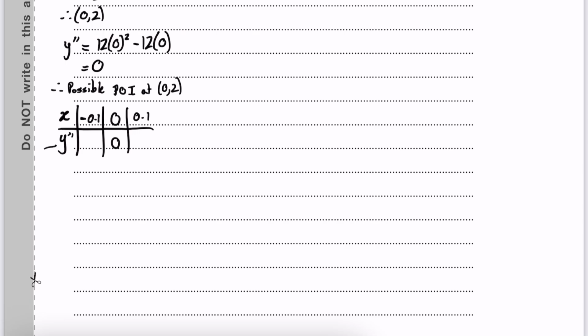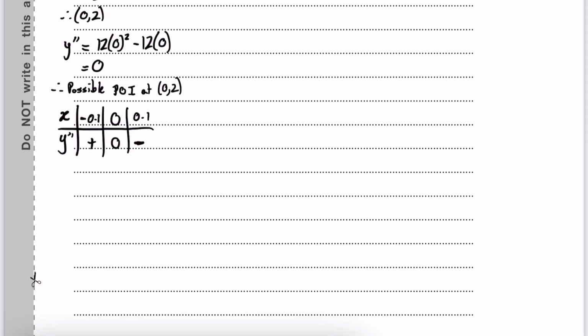If we plug them into our y double dash formula, what we get is that when we plug in x equals 0.1 into that y double dash formula, we get a negative number. And if we plug in the minus number here, we get a positive number.